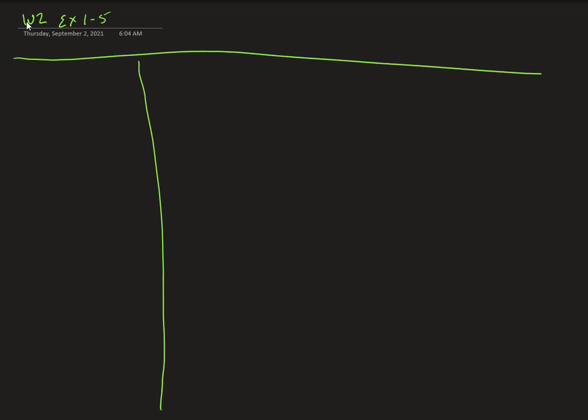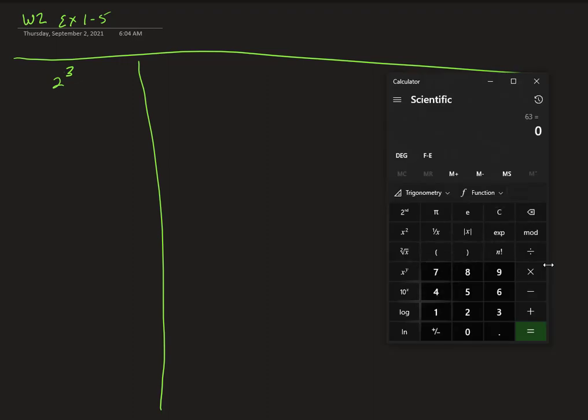All right, so the first one is what is 2 to the third? Two to the third, and we end up with 8.